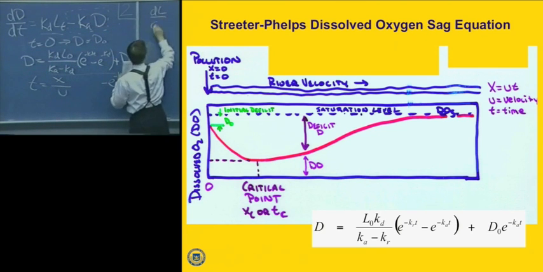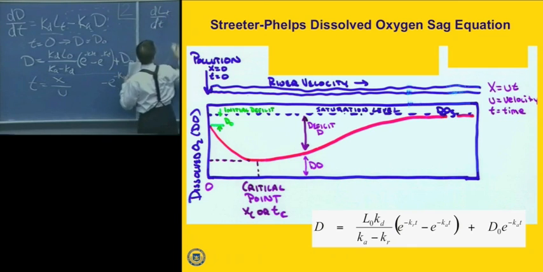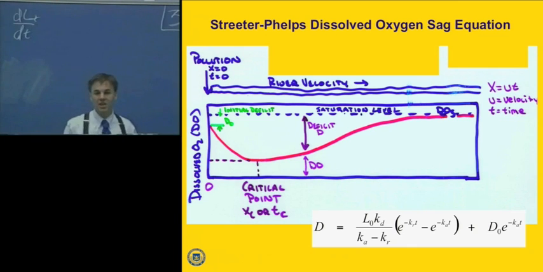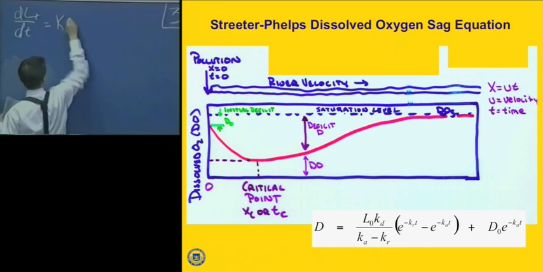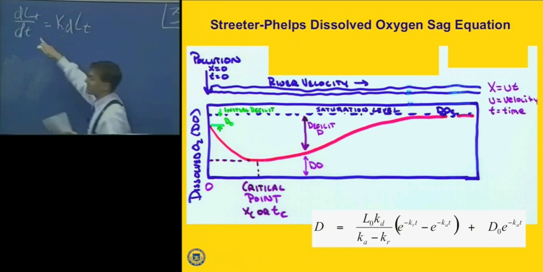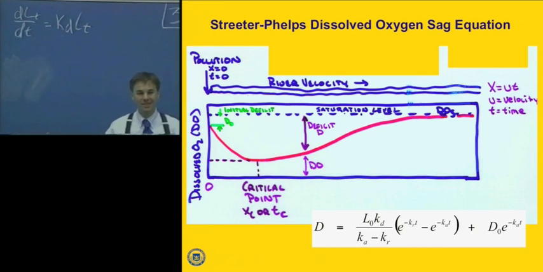Remember, we modeled dL dt, the change in concentration of the oxygen-demanding waste, as a first-order kinetic equation equals Kd L of t. So faster decay rate when you have more of it, right? It tends to be like my kitchen. If there's more food in my kitchen, it tends to disappear more quickly. If you've got a little bit of food in the kitchen, you're going to conserve it for a longer time, right? You remember the blackout last month. I'm sure we all experienced that.